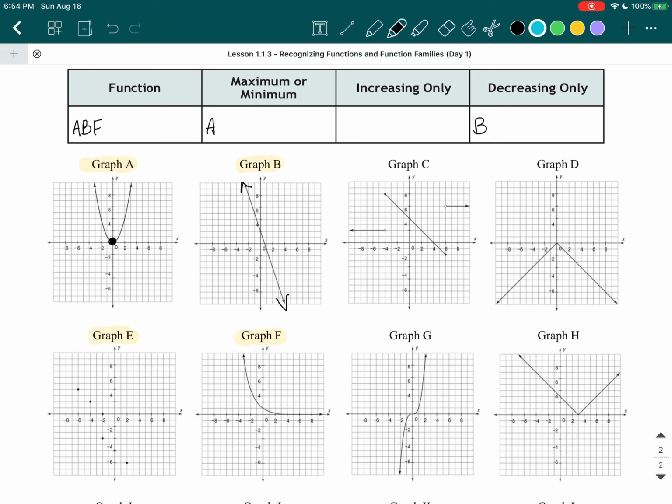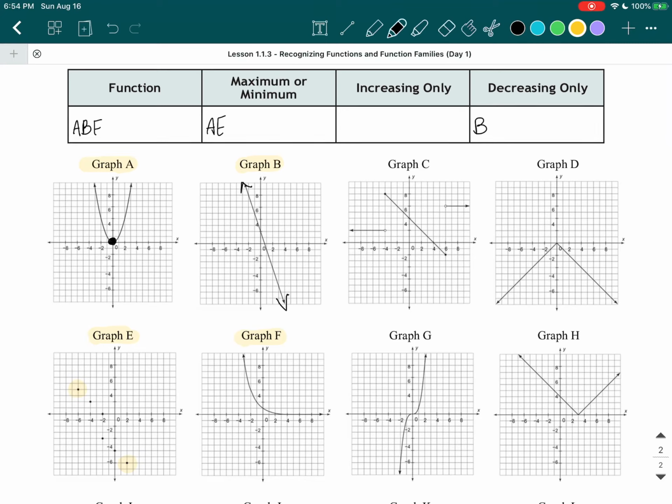That just means, is there a point that's higher than everything else? Let me highlight this point. Is it higher than every other point in the graph? Yes, this point is an absolute maximum. Also, is this point lower than every other point in the graph? Yes, so this is a minimum. So graph E actually has both a maximum and a minimum. So let's write that in.